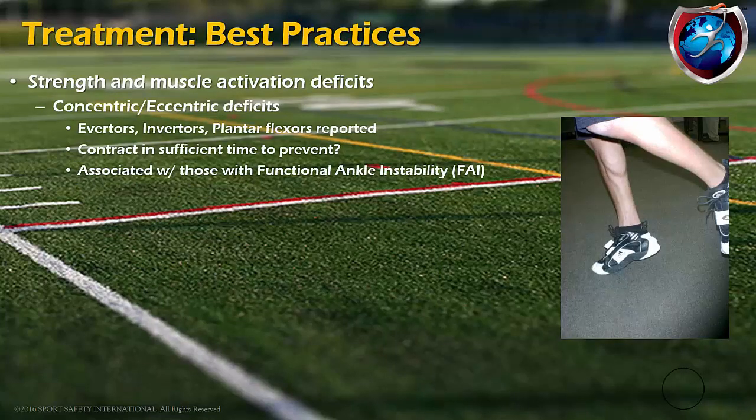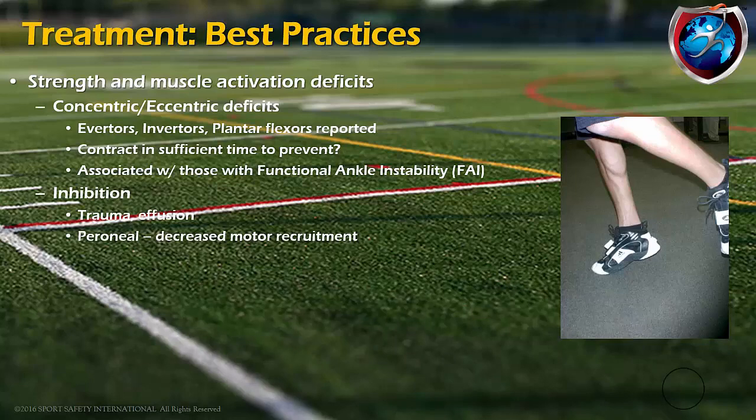Concentric and eccentric strength deficits for the ankle everters, inverters, and plantar flexors have been reported in the literature, both after acute injury and in patients with chronic ankle instability, reinforcing the need to strengthen all muscles around the ankle after lateral ankle sprain. The peroneal muscles may be injured with an inversion sprain, resulting in decreased motor recruitment initially after injury and leading to secondary loss of eversion strength.